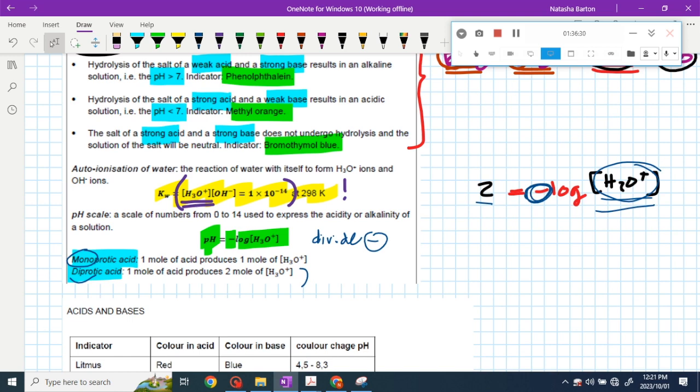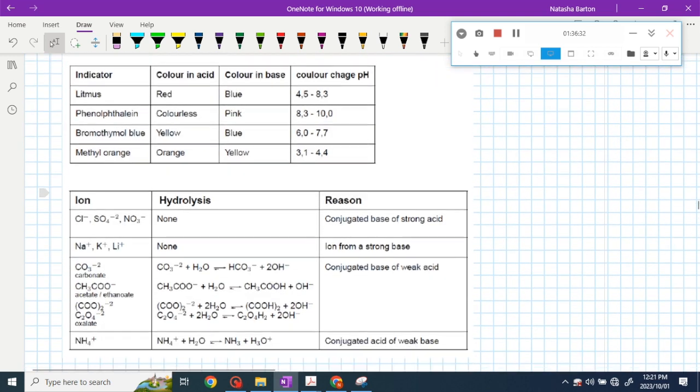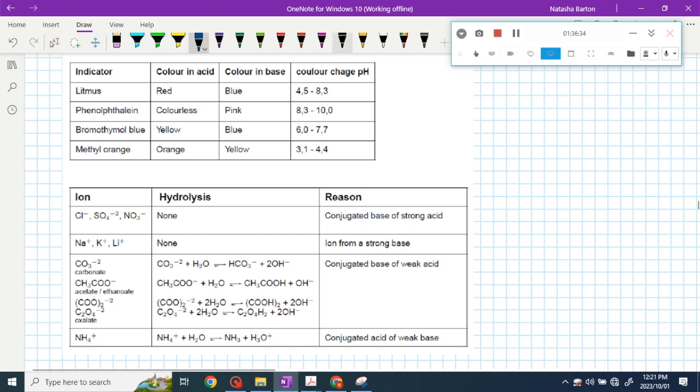You can use those terms interchangeably. Okay. On the next page, you're going to see a summary of your hydrolysis reactions. This is very important. Guys, sodium ions, potassium ions, lithium ions do not undergo hydrolysis. Chloride ions, sulfate ions, nitrate ions do not undergo hydrolysis.